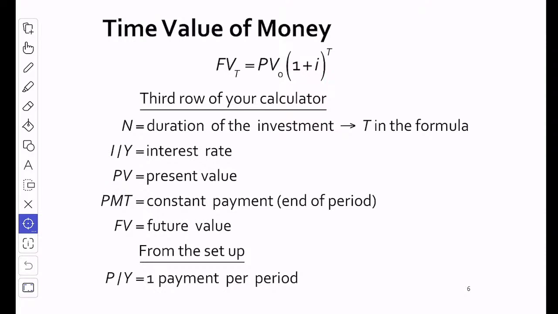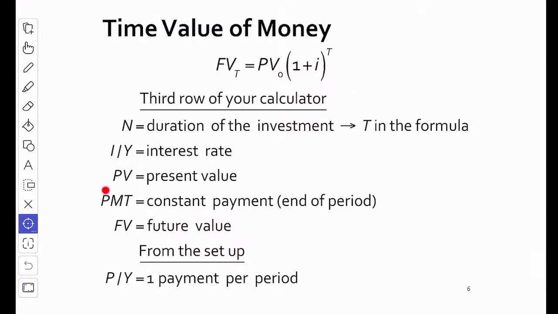PV is the present value, and I put a subscript on it. Here I'll be using subscripts throughout. And it's important that you practice using them, okay? And presenting them on tests as well. Then the PMT, the payment, is not in this formula. You'll see that later.